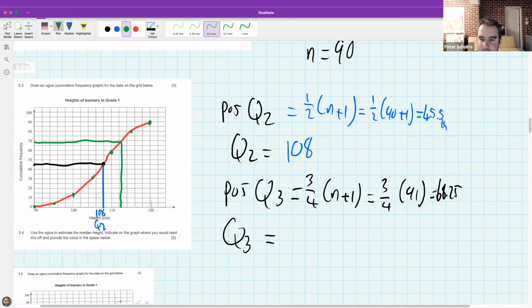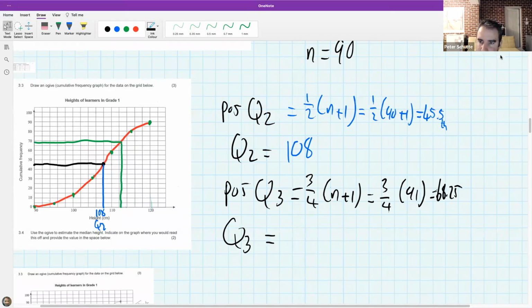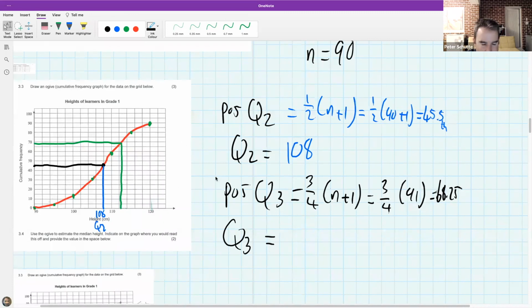Mr. Ace? Yeah. There's a question in the chat. Can you please explain why Q2's position can't be at 60? Because the students seem to think it has to be half of the, yeah. Okay, so in this particular data set, the n value is 90, and so we need to go halfway.